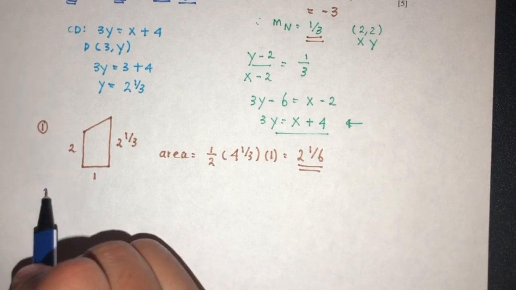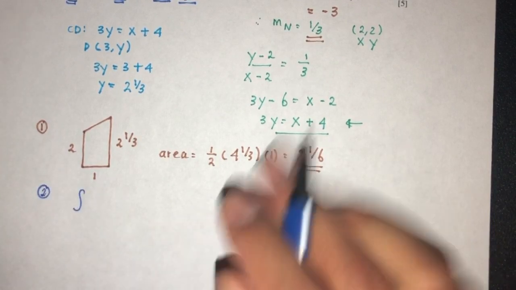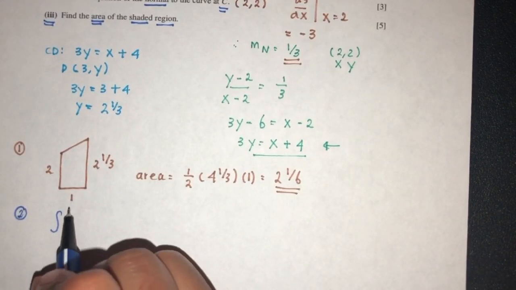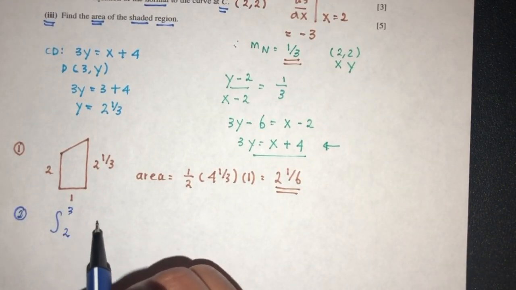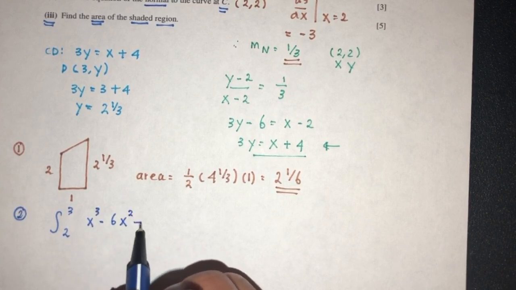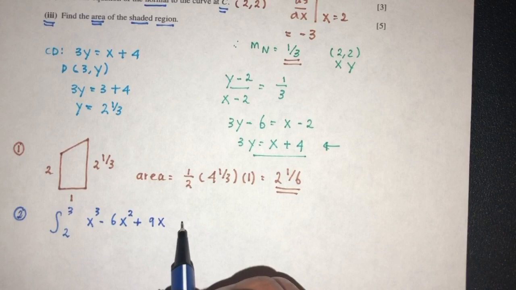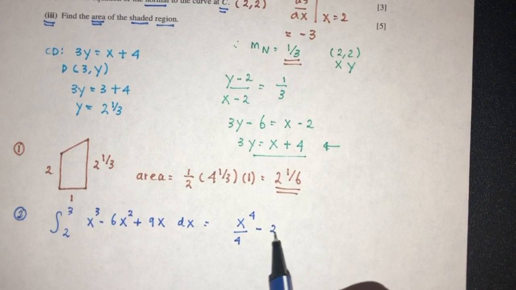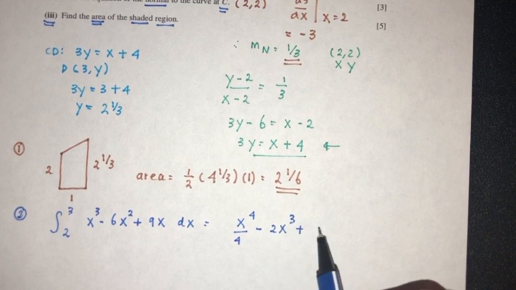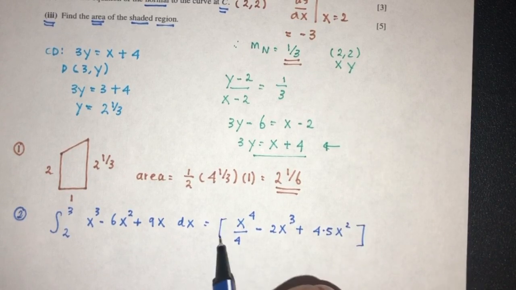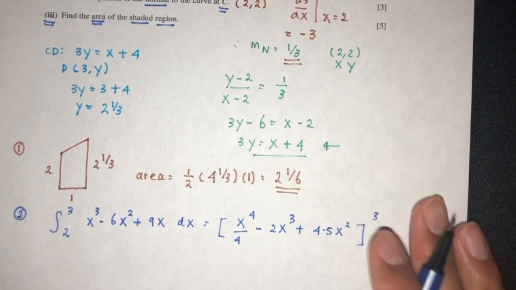The area under the curve is done by integration between the limits of, this is 3, this is 2, so 3 to 2. Y is given to you by the integral of x cubed minus 6x squared plus 9x with respect to x. That should be x to the power 4 divided by 4 minus 2x cubed plus 4.5x squared, between 3 and 2.